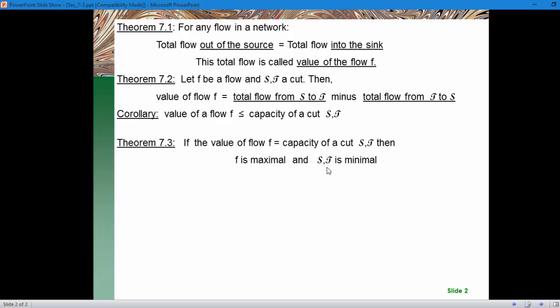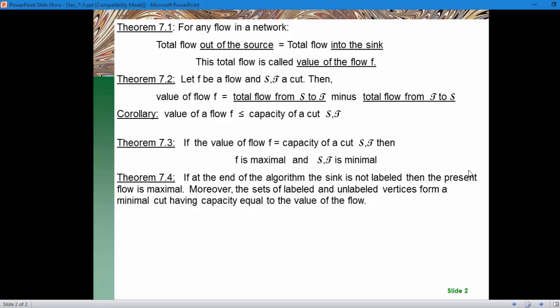Maybe there's more space in other cuts, but that particular cut is where the bottleneck is. So that's the area of minimum capacity. And if the flow is equal to the capacity there is no hope. There is no way you can increase the flow from the source to the sink.